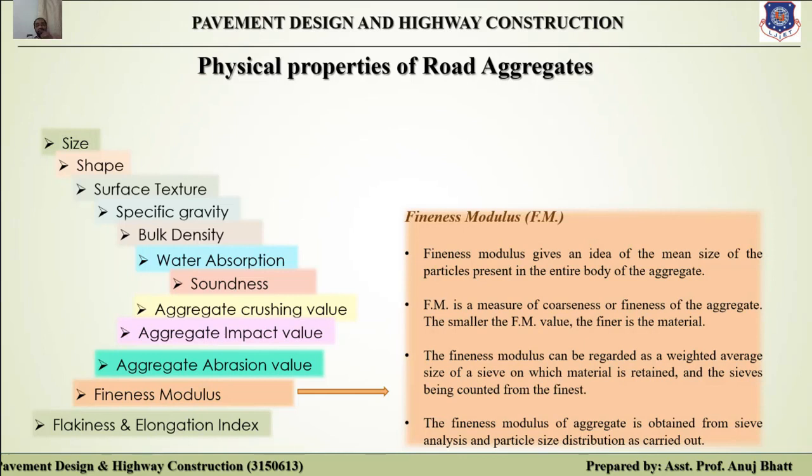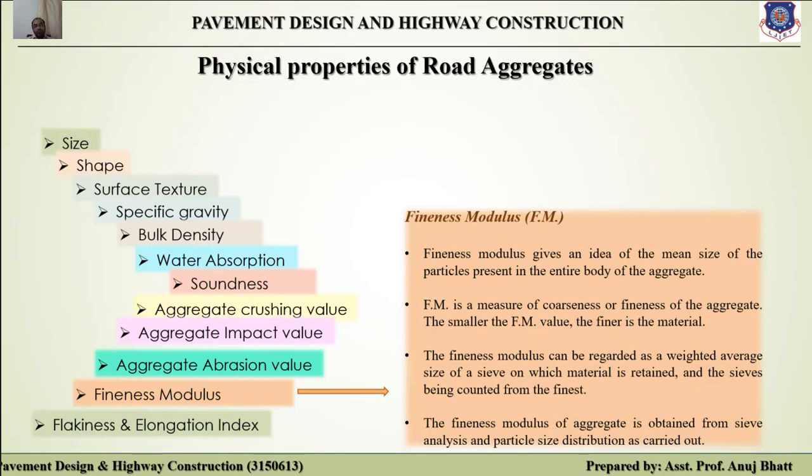The smaller the fineness modulus value, the finer the material, and if the value of fineness modulus is higher, the material is said to be coarse aggregate. That means the whole volume of aggregates is coarse aggregate.